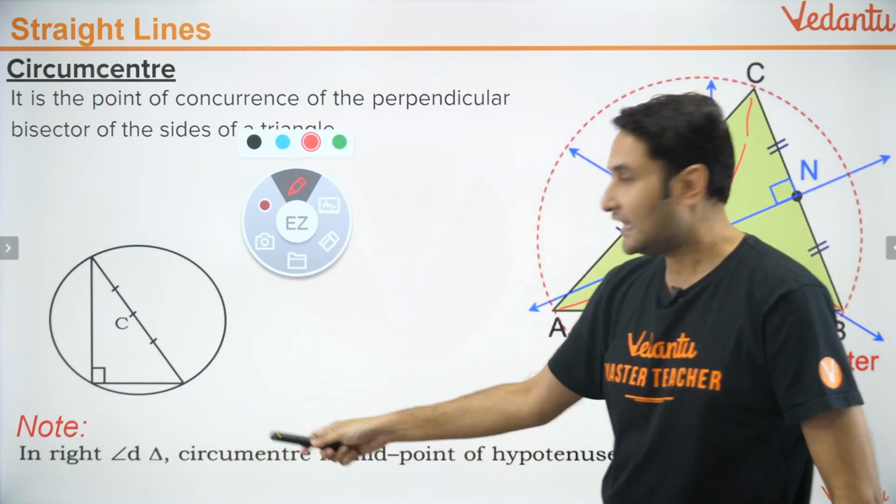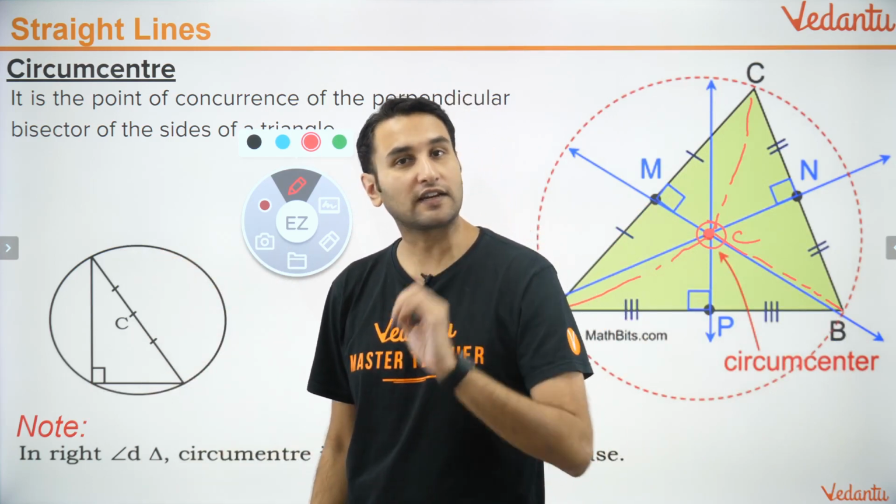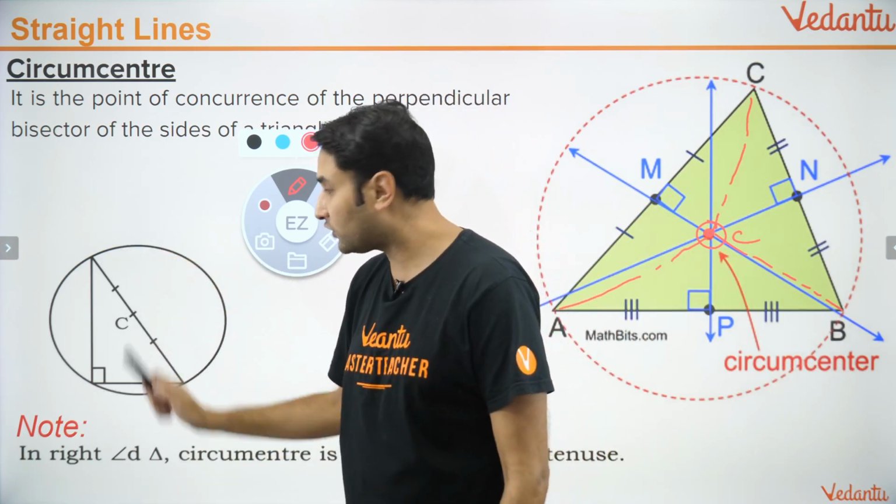Similarly, note down, if it is a right angle triangle, इसका circumcenter क्या होता है? Midpoint of the hypotenuse.